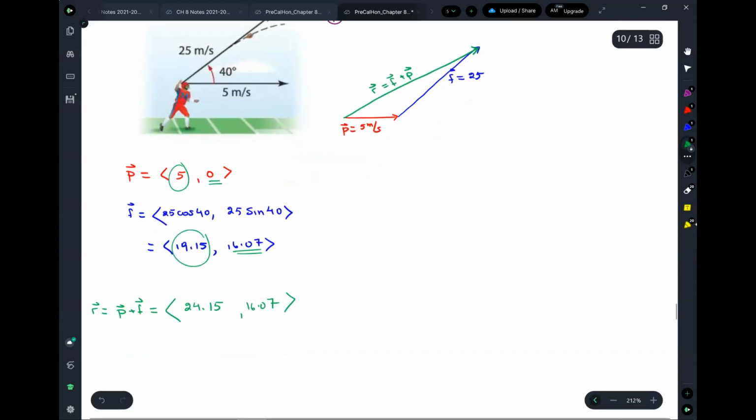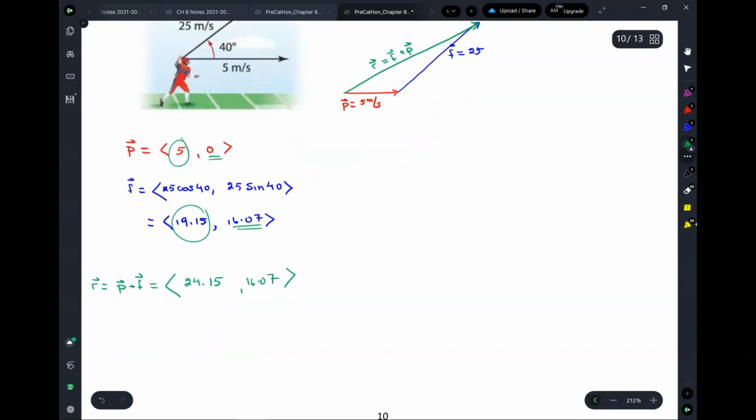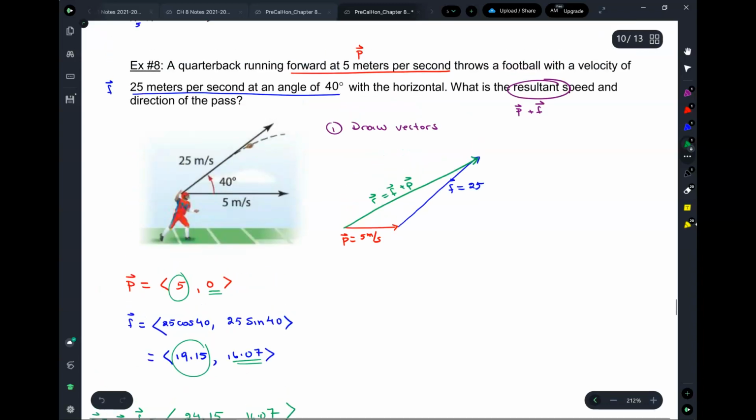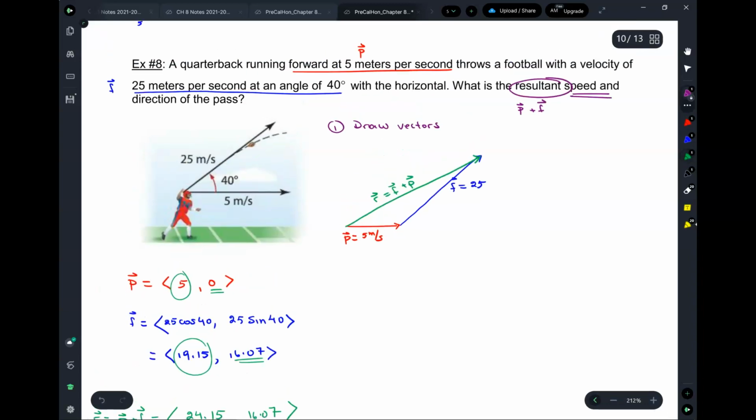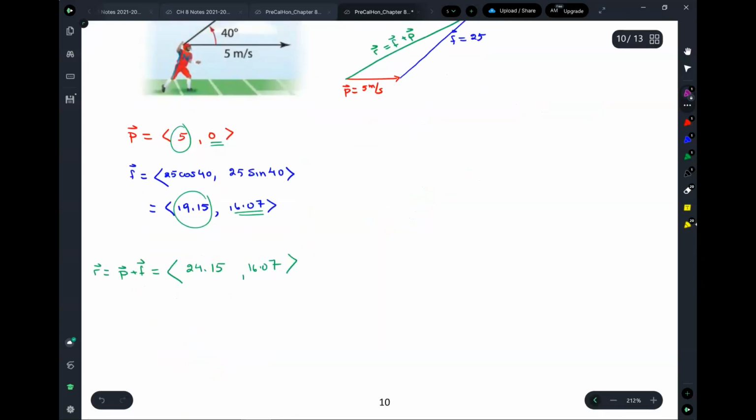So now this is the vector in component form, the resultant in component form. But this is not the answer that we want. We want the speed and the direction. Okay? So the speed is the magnitude of r. That's what we want now. So can we find the magnitude of r?